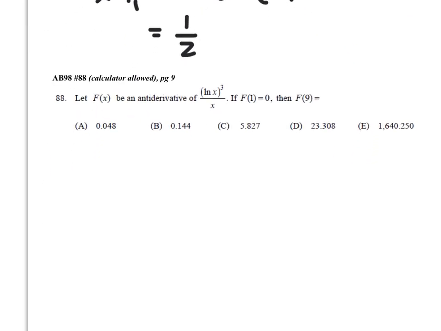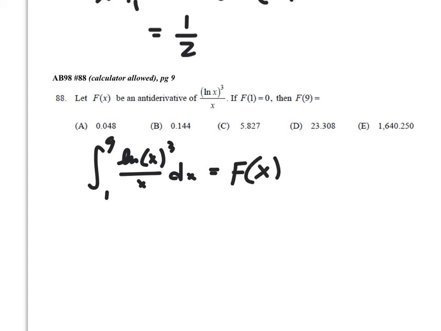Alright, calculator allowed on this one. Let F of x be an antiderivative of that. If F of 1 equals 0, then F of 9 equals what? Well, what I would know is that if I were evaluating from 1 to 9 of the natural log of x cubed over x dx, then this would give me F of x evaluated from 1 to 9.